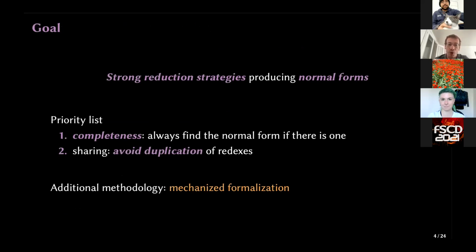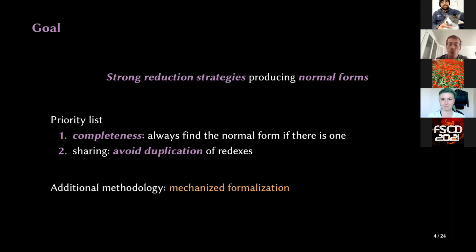The topmost priority in our list is to find a strategy which is complete, that is, that always finds the normal form whenever there is one. This actually contains already two parts. To find the normal form, we first have to reduce enough.